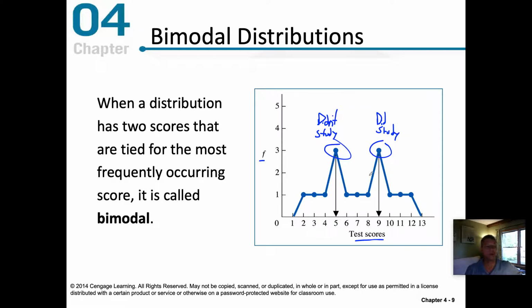But generally speaking, scores in most classes tend to be bimodal for any given test or quiz. Because either everybody studies or nobody studies, or we get half and half. And typically in most classes, it's half and half. And so we end up with a bimodal distribution. And that's what it might look like. Now, if we were to draw this as a quote unquote curve, then it might look something like this.